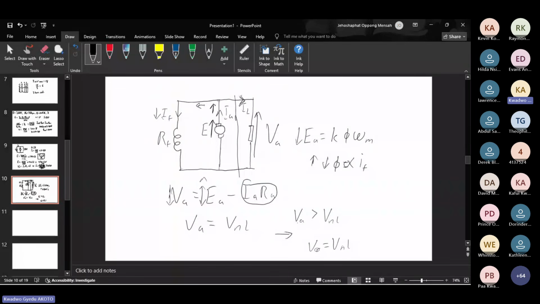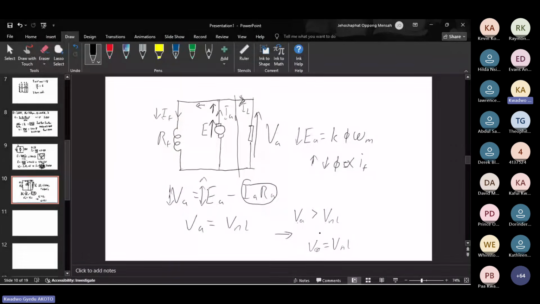So that's pretty much the difference between over compounding and flat level compounding. So over compounding, we make our compensating winding produce such a large EA that our terminal voltage will become greater than our no load voltage, so that when we transmit the voltage, after transmission losses, our voltage will come back to our no load voltage.